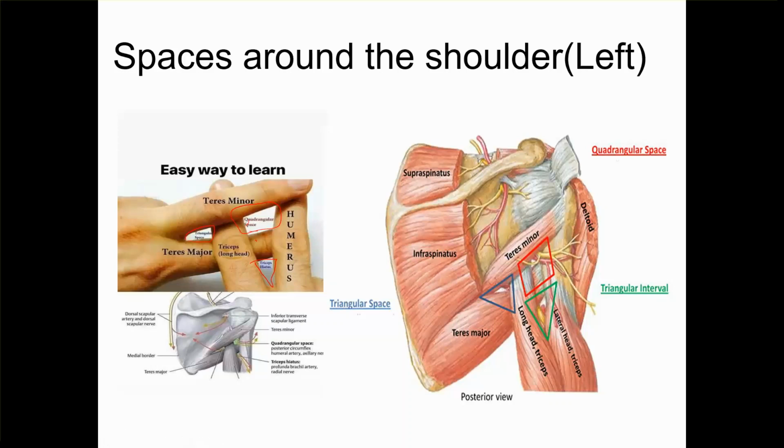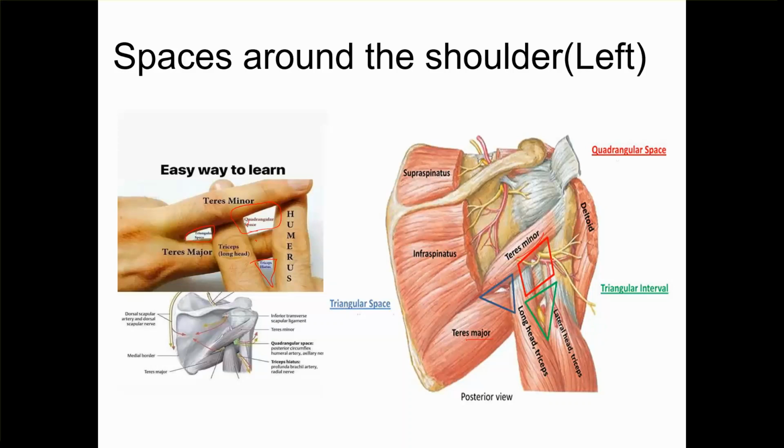The same way we can see the diagram over here to identify. Now this is the quadrangular space between teres minor above and below you have teres major. This is teres major here, teres minor above, and on either side you have the humerus. This is the neck of the humerus, the surgical neck of the humerus, and you have the long head of triceps.